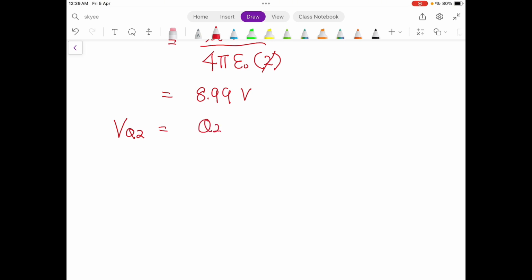This one will be Q2 times 1 over RB. We won't consider RA, since RA is infinity.